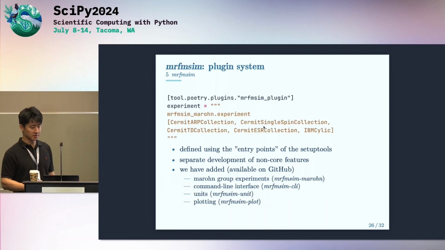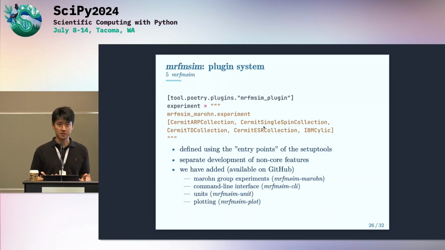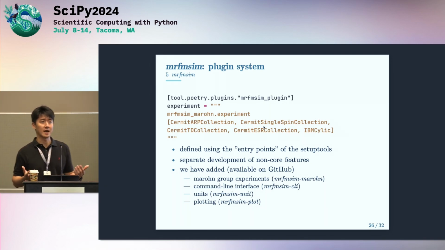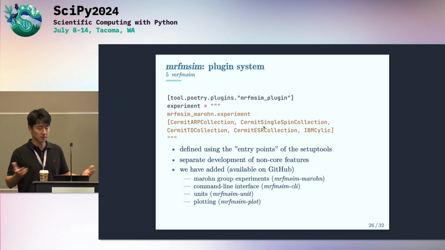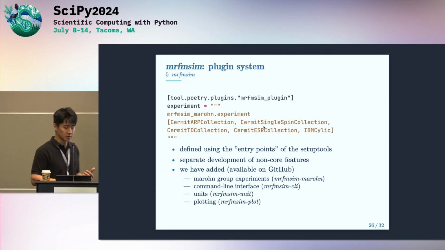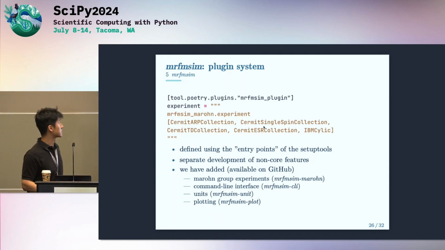The reason we want a plugin system is that we want to strip all these features out so we can focus on maintaining the core functions, and different groups in the community can add different features to the system. It uses simple entry points from setuptools.